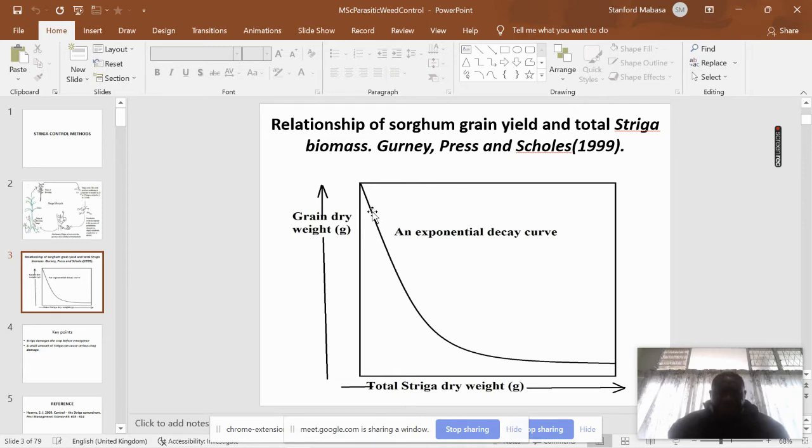Probably this graph is suggesting that we need very few striga plants to cause a serious reduction in grain yield. So when we see few plants in a field, we should not ignore them, otherwise they will cause serious damage.